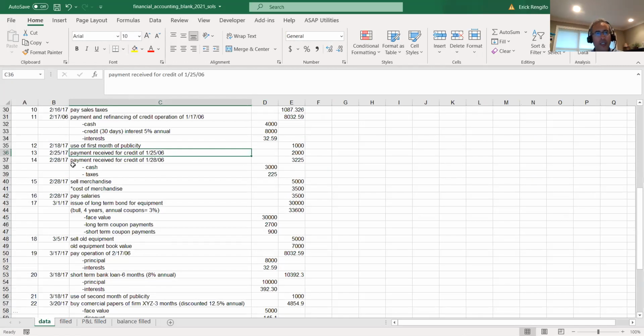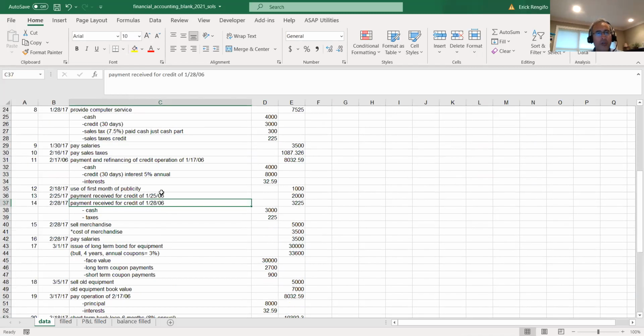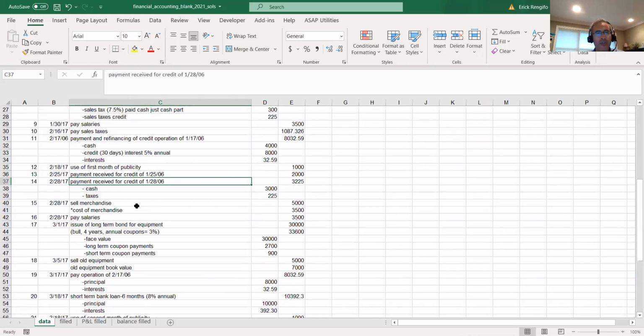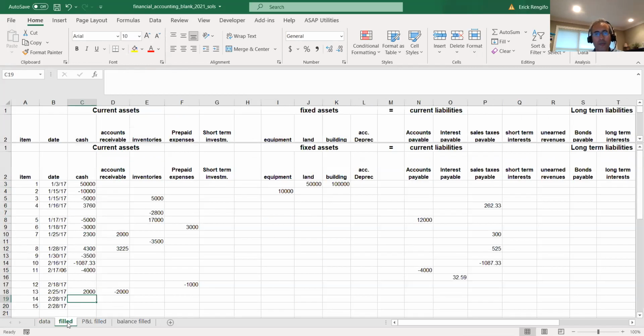So let's do 14. Then I have done 128. What is 128? Oh yeah. Do you remember we provided services to these guys and they just paid us part. So now they are paying us the total. They're going to pay us $3,225. Okay, and remember, 225 corresponds to taxes.